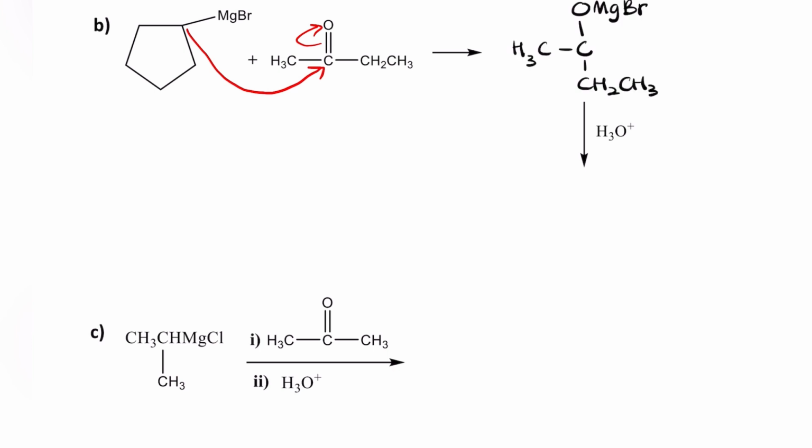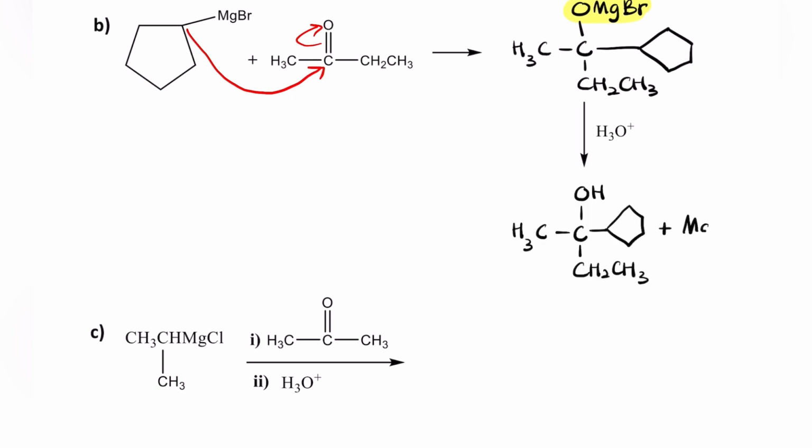And then saya terbalikkan, di mana position this ethyl group saya letak dekat bawah. So another bond, dia akan bonded kepada saya punya ring kat sini, ada 5 carbon. And then you are going to hydrolyze this OMgBr kepada OH. And then don't forget to get your side product MgOHBr. So you got your tertiary alcohol with 3 alkyl groups attached to it.